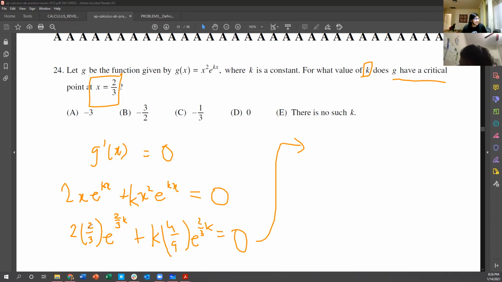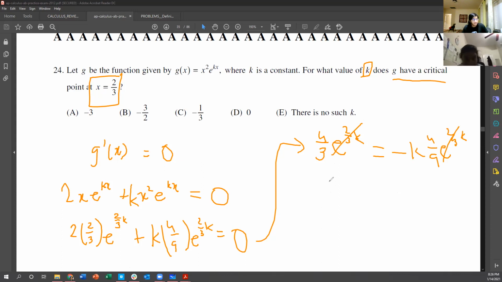So anyways, this will be 4/3 e to the 2/3 k. But what I'm going to do this time is move this to the other side. So I get minus k times 4/9 e to the 2/3 k. I can divide both sides by e to the 2/3 k to get rid of that.